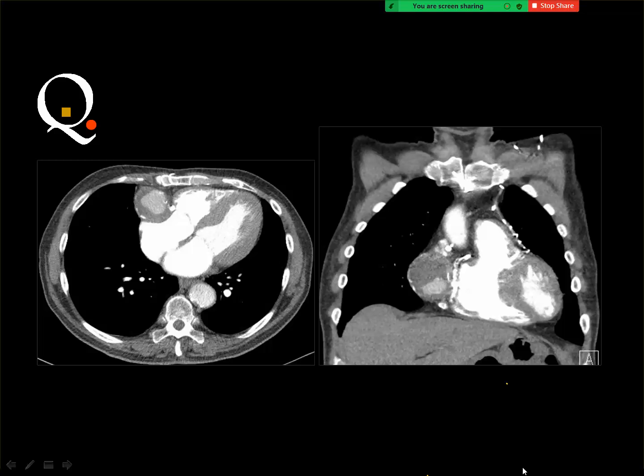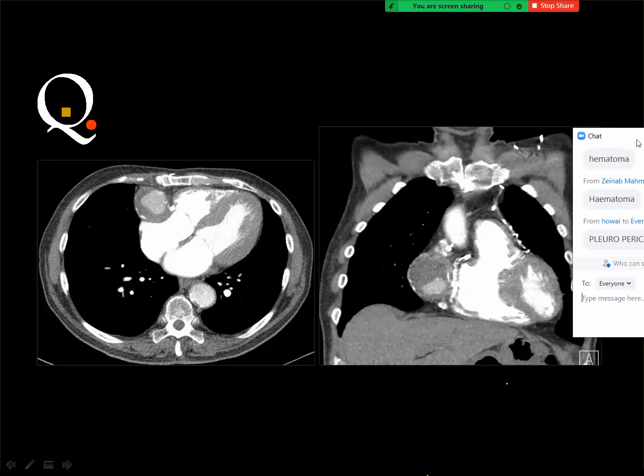Then this is a spot diagnosis case. This patient is a candidate for coronary bypass surgery, and he presented with chest pain and the CT scan showed this lesion. This is not, of course, a cyst. No, it's not a cyst. Thrombus, dermoid?